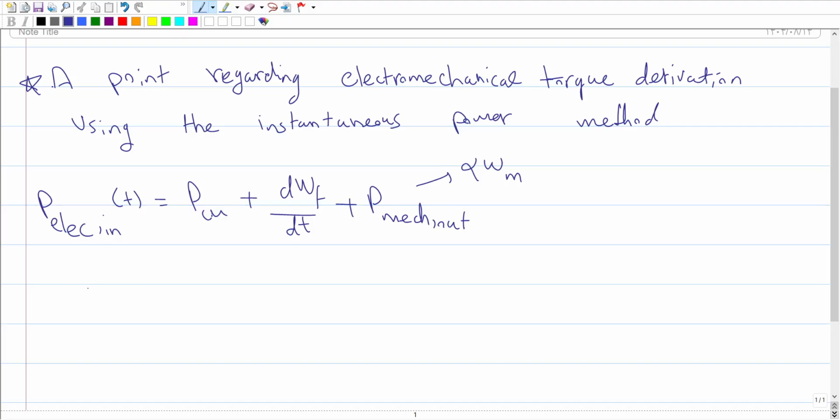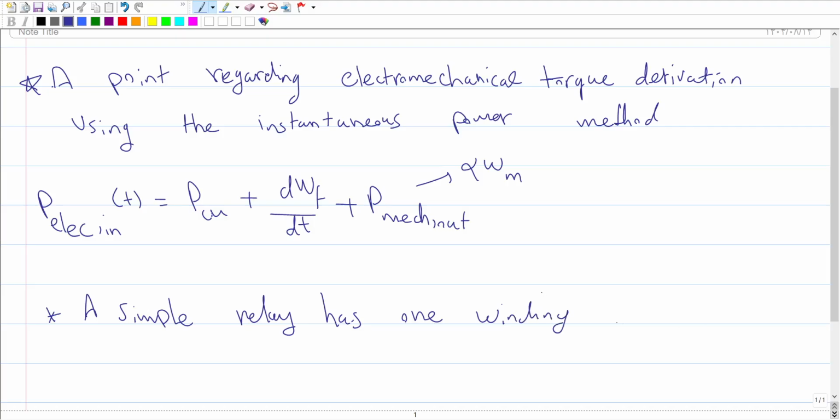As a question, I will write a simple question and then do some simple manipulations, and let's see if the mechanical power is in direct proportion to omega mechanical or not. The question is that there is a simple relay. A simple relay has one winding.